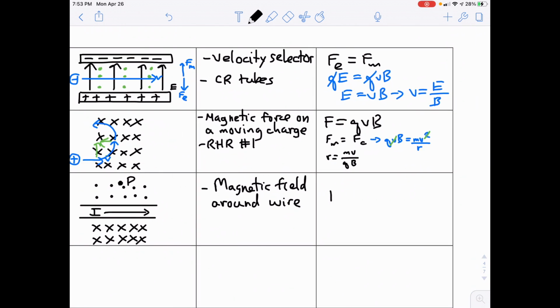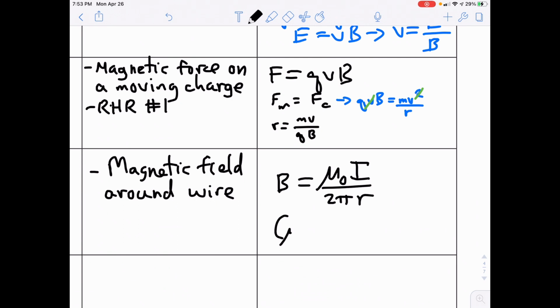And the specific equation that matches with this concept is mu naught times I over 2 pi r, where really the magnetic field relates to the amount of current, greater field strength, farther away, weaker field strength, right? And those are really the only two variables involved, as mu naught is known as the magnetic permeability. It's a constant of 4 pi times 10 to the negative 7.